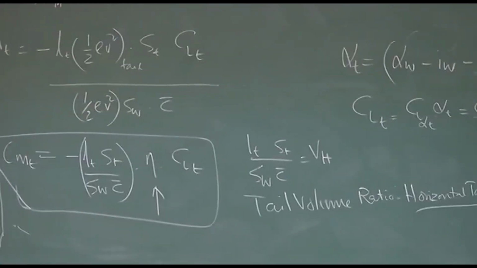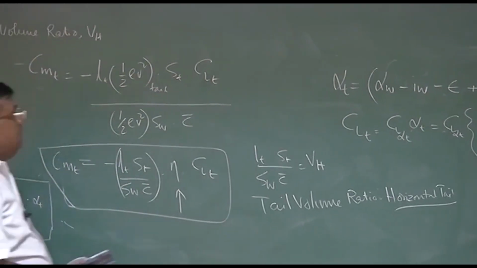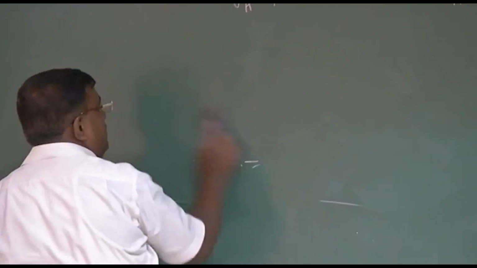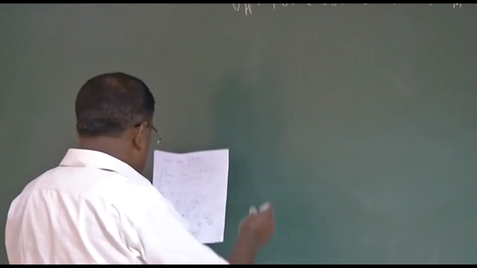Now, if we do some further arrangement, we'll find out what we are actually trying to look for in terms of the CM naught and CM alpha expressions.